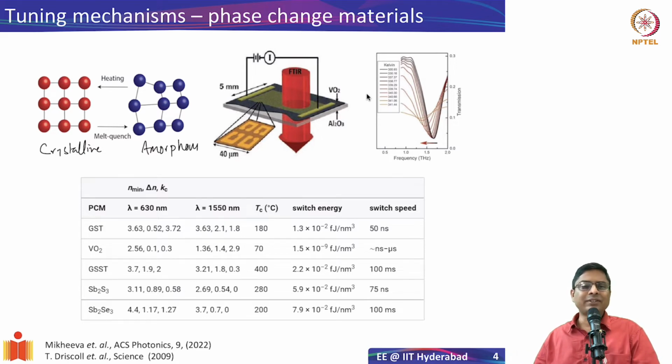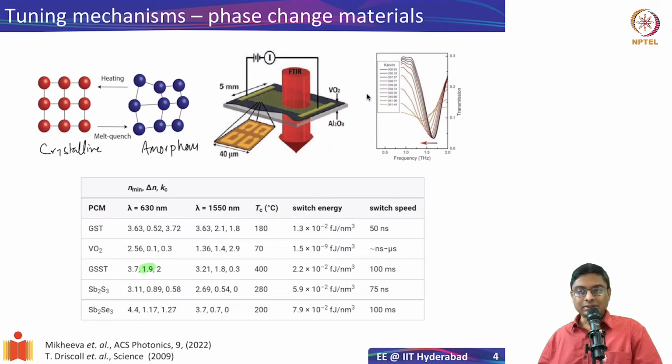And there are various other materials. One key point I want you to look at is the extent of change and the switching speed. If I look at all these materials, let me identify, let's say here, this GSST has a large change, 1.9 change in the refractive index.